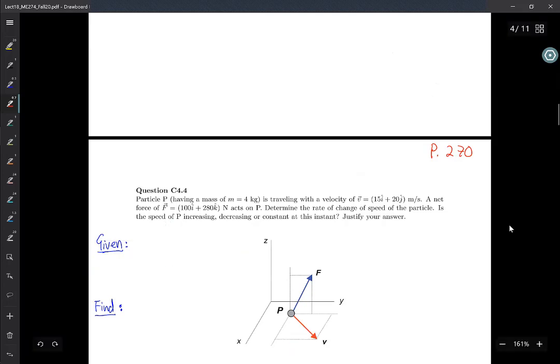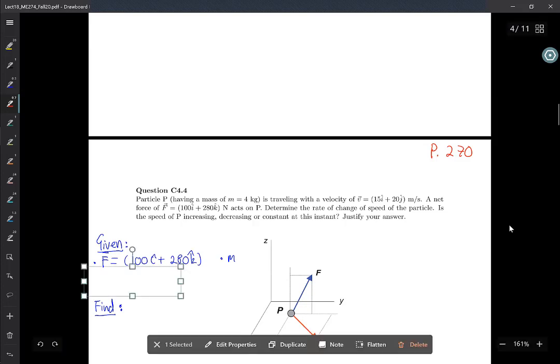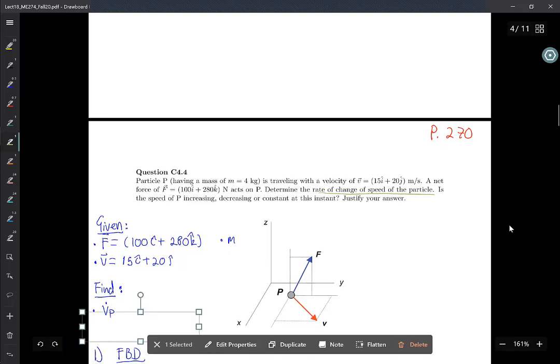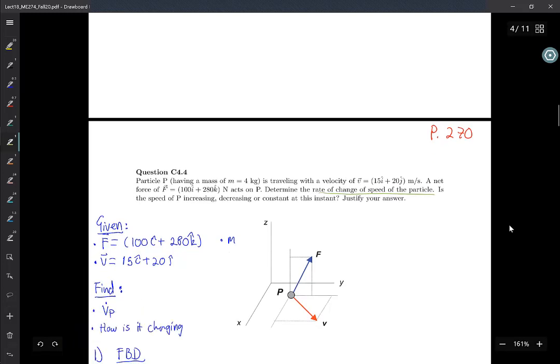And that particle is subjected to some external force, right? The particle has a mass as well. And then we are asked to determine the rate of change of speed of this particle.